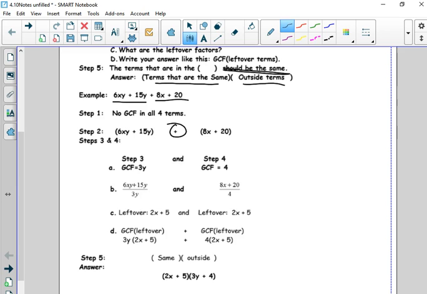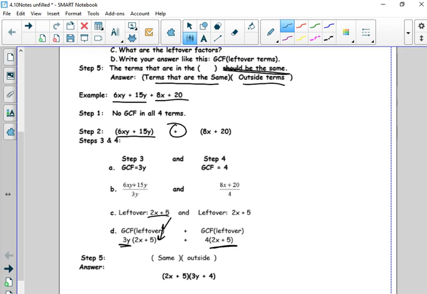You 2 against you 2. Then, look for the GCF of the first term. 6xy and 15y. Well, that's going to be 3y. Okay? Now, when you divide that, you get 2x plus 5, which goes right here. The important part is, this has got to be the same.